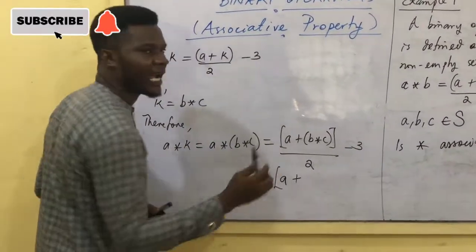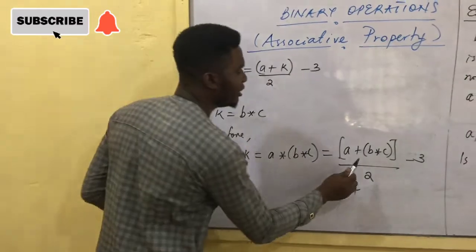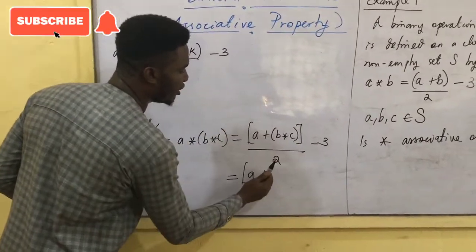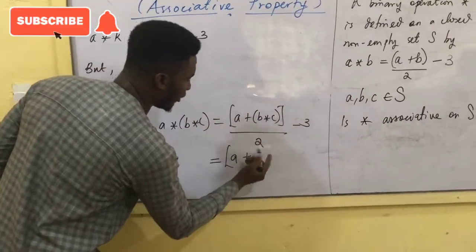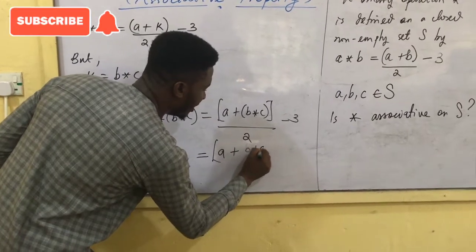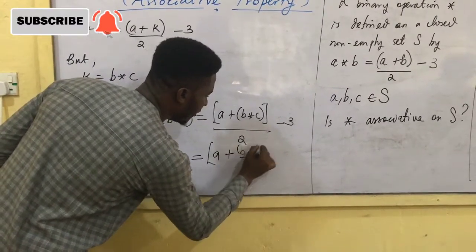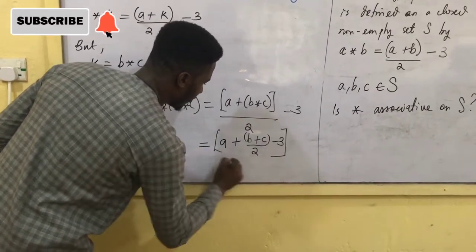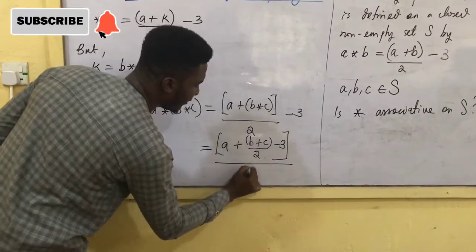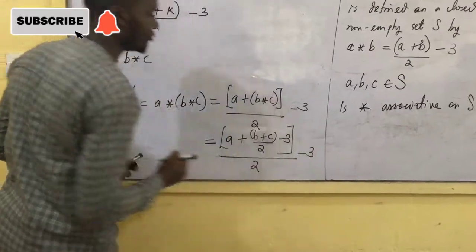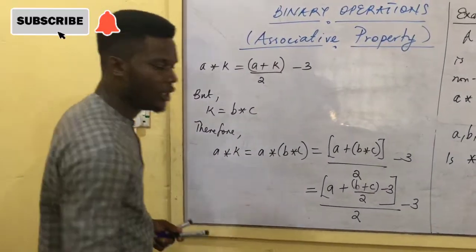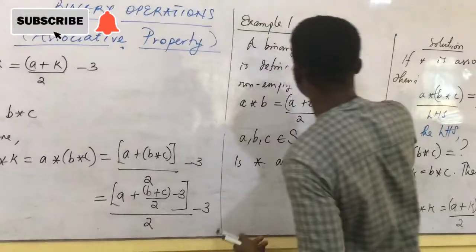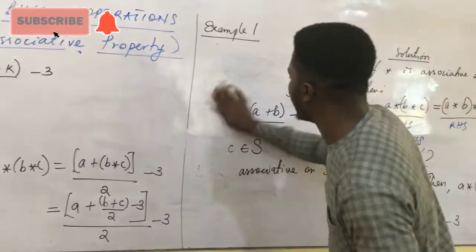So, using that idea, first asterisk second gives us first plus second, which is B plus C all over 2, then minus 3. Okay? Now, if you got that, let's come over here and continue the problem.